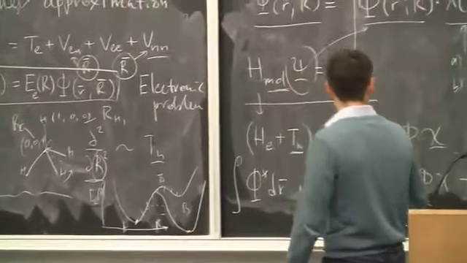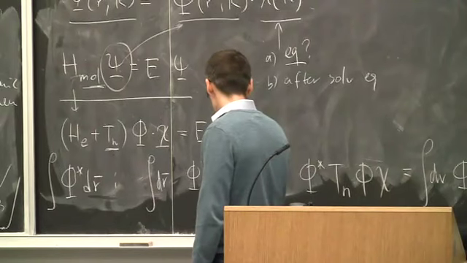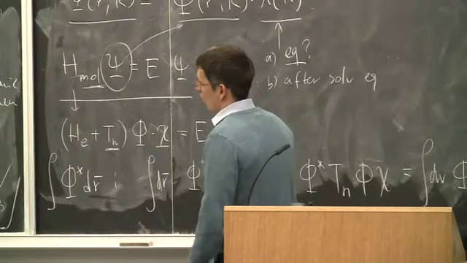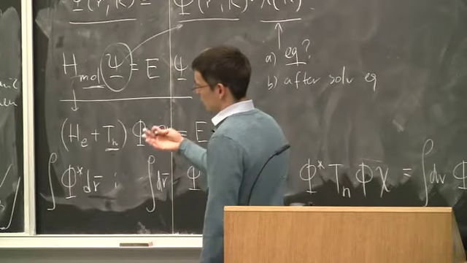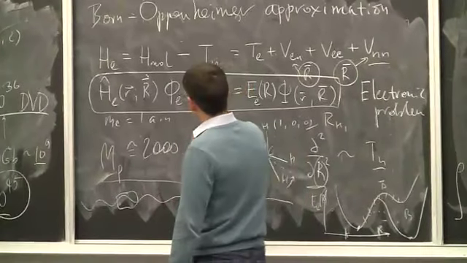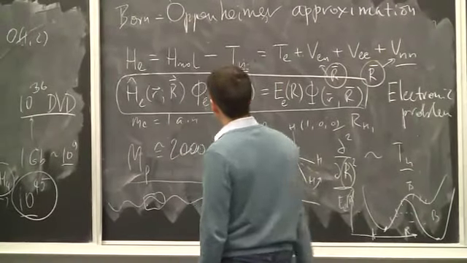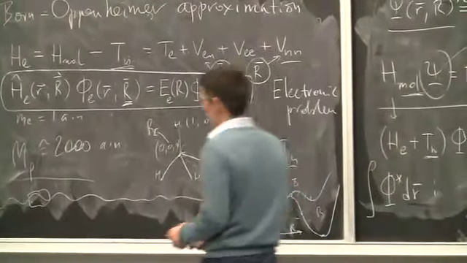All right, so going back to this, you have the electronic energy and phi star. As we know, all Hermitian operators, and this one is not an exception, have eigenfunctions which are orthogonal and normalizable.